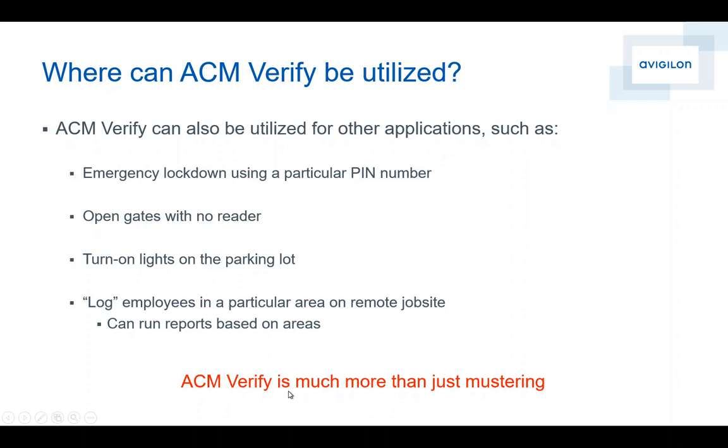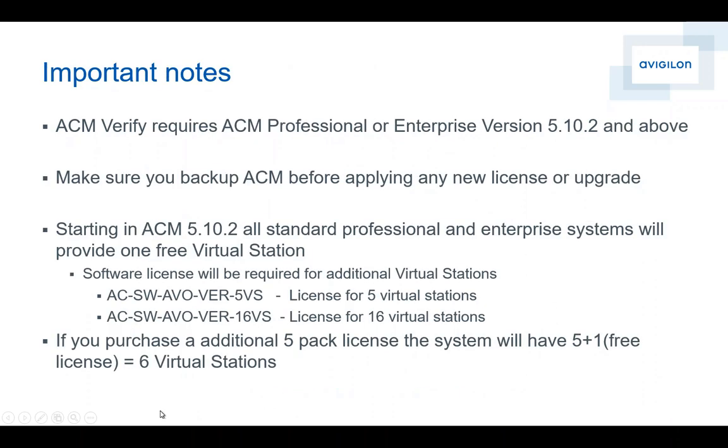Okay, so let's take a look now at some of the important notes before we jump into a demo. ACM Verify requires that you have ACM Professional or Enterprise version, starting in version 5.10.2. As always, we suggest you back up your system before you do any upgrade or apply any new license.